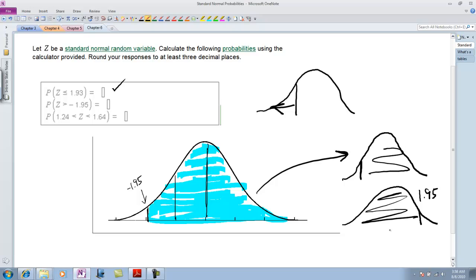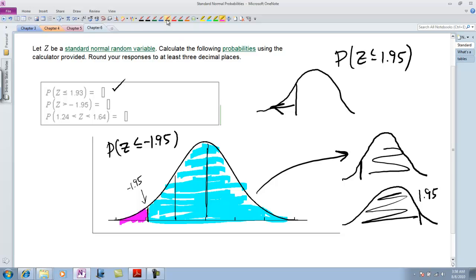So we could look up P of z less than or equal to 1.95 using the symmetry. The other option would be to find P of z less than or equal to negative 1.95, which is this magenta area, and then subtracting that from 1.